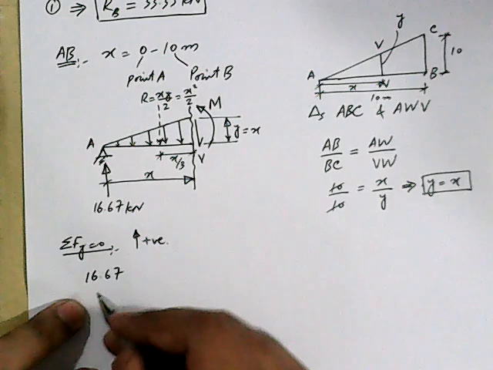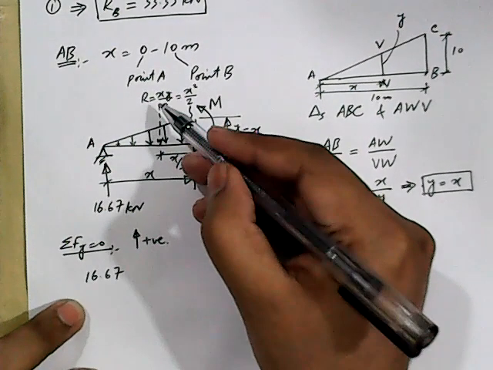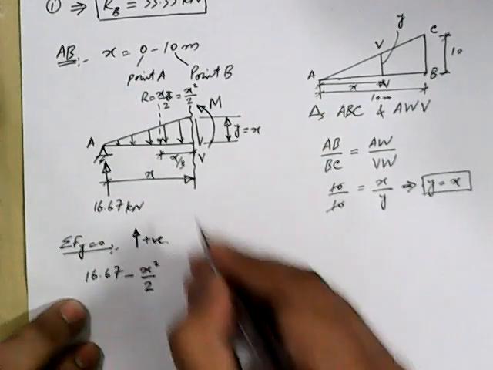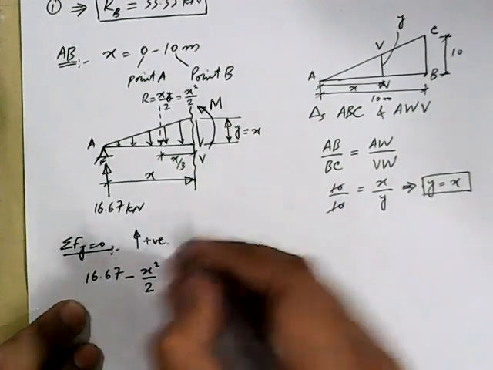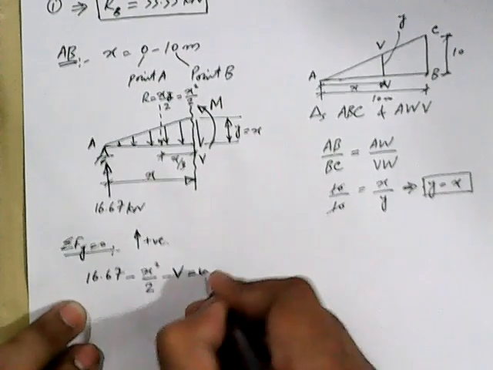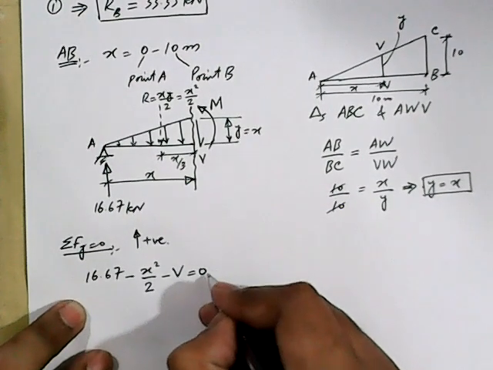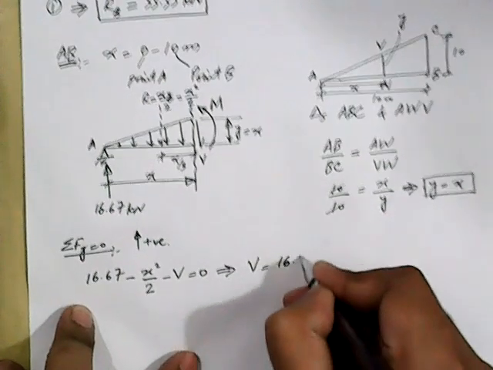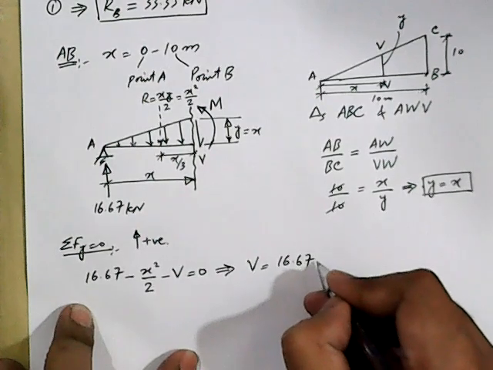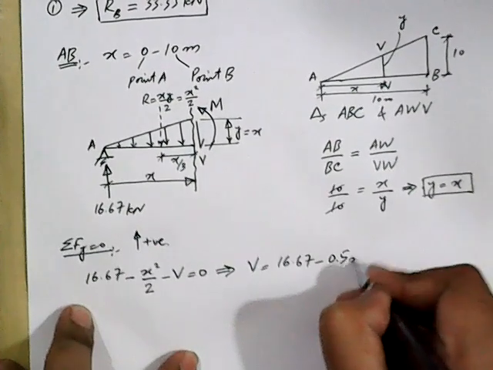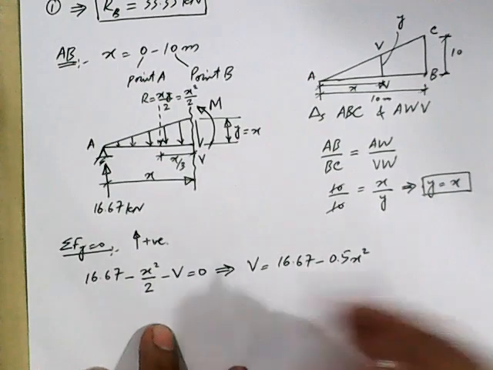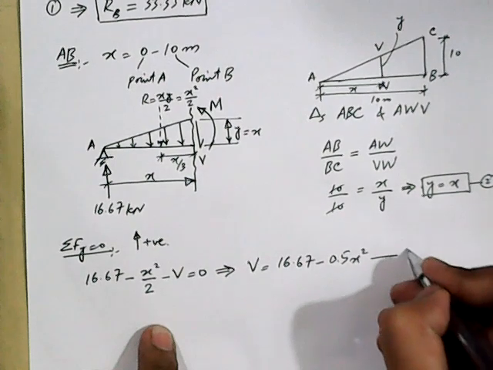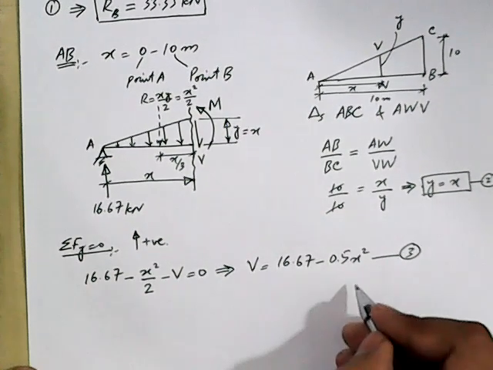So 16.67, and then this R is acting in downward direction, so minus x square by 2, and then this V is also acting in the downward direction, so minus V, and this is equal to 0. And if I rearrange this equation, this implies V is equal to 16.67 minus 0.5 x square. If I call this equation as equation number 2, and I call this equation as equation number 3.